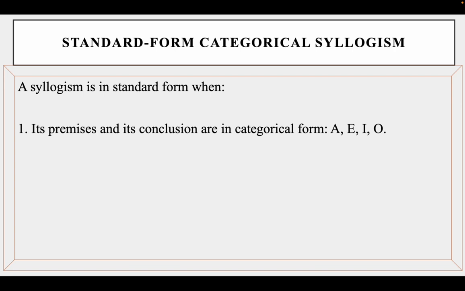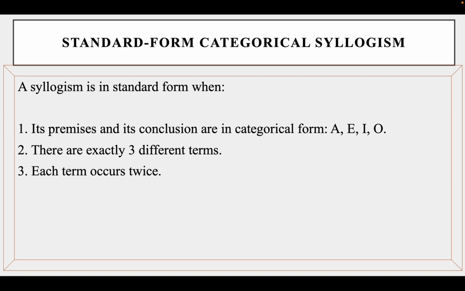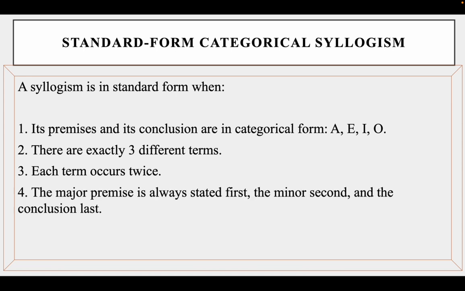Remember, the categorical forms A, E, I, and O. Also, a syllogism is in standard form when there are exactly three different terms, as I just illustrated a minute ago. Also, as I said, each term occurs exactly twice. And also, the major premise is always stated first.